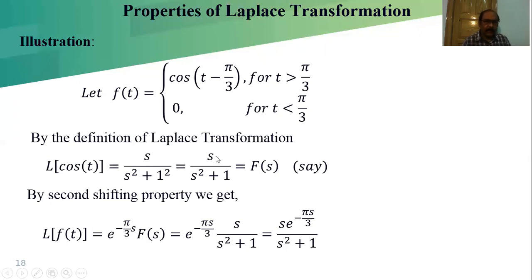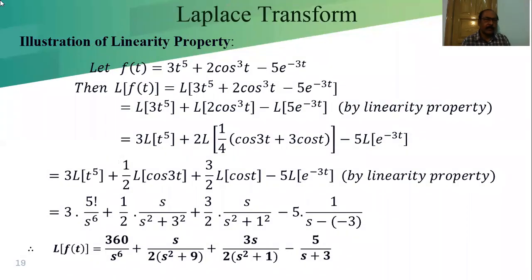Now what is our F(s)? This is our F(s). So you can write e to the power minus pi s by 3 times s by s square plus 1. Finally we get s into e to the power minus pi s by 3 over s square plus 1, by using the second shifting property.